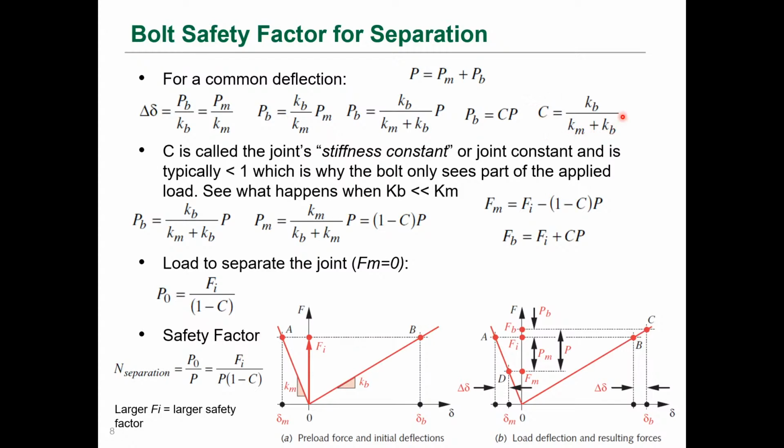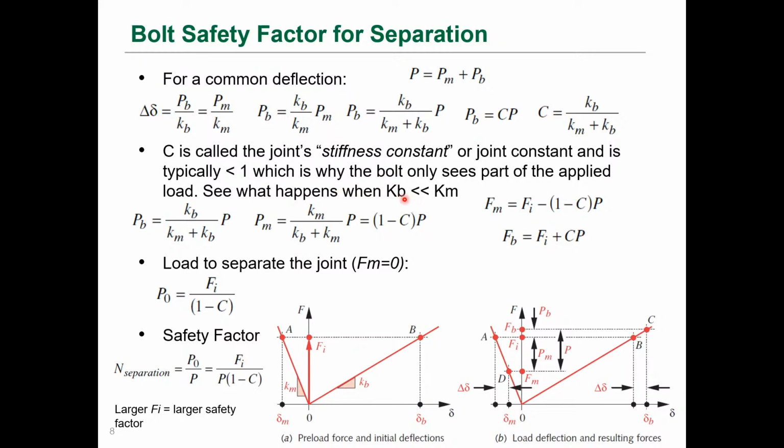This is for the case where you have the same materials, and we'll treat the case where the materials are different shortly as well. But this is just to introduce the concept of the joint stiffness. It's called the stiffness constant or the joint constant, and it's typically less than 1, which is why the bolt only sees part of the applied load. You can see that in this equation. If the stiffness of the material was 0, then the load in the bolt would be the load applied. But if the stiffness of the material is non-zero, then the load in the bolt is less than the applied load.